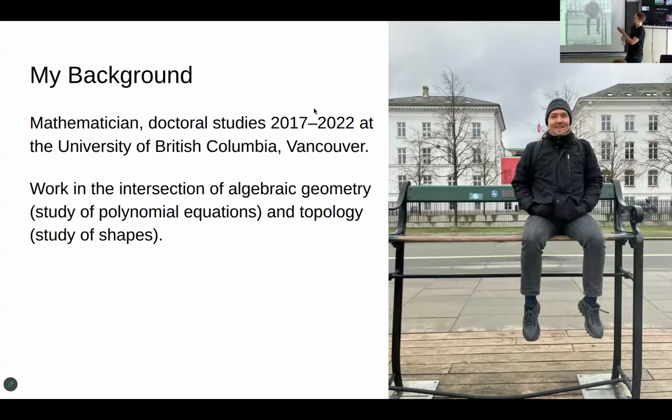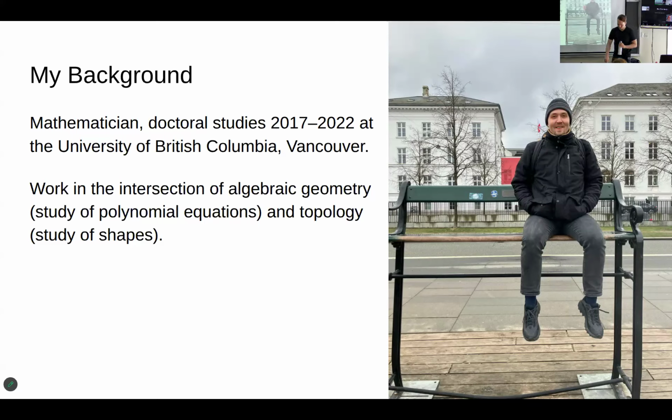So my background, indeed, I am a mathematician. I did my doctoral studies 2017 to 2022 at UBC, the second best university in Canada, right? And I work at the intersection of algebraic geometry, the study of the solutions to polynomial equations, and topology, which is the study of shapes.